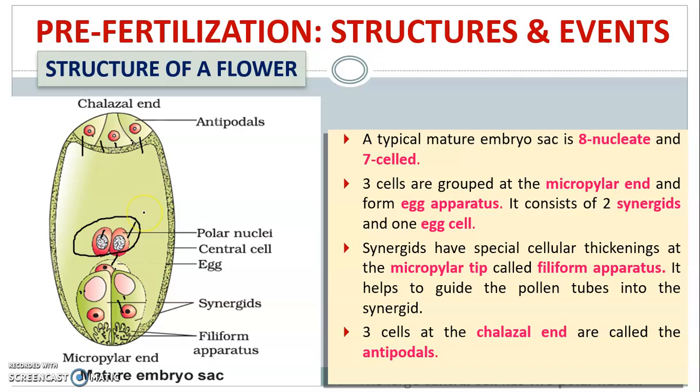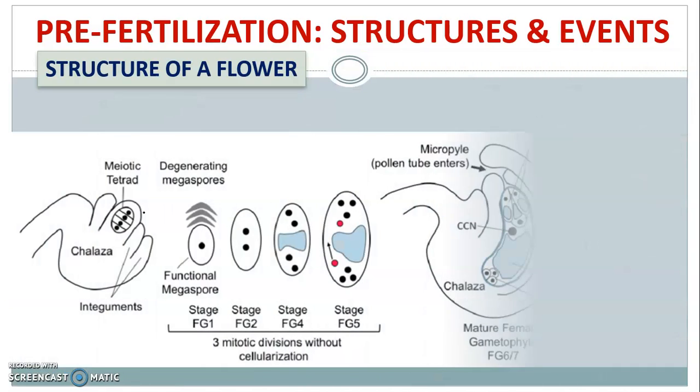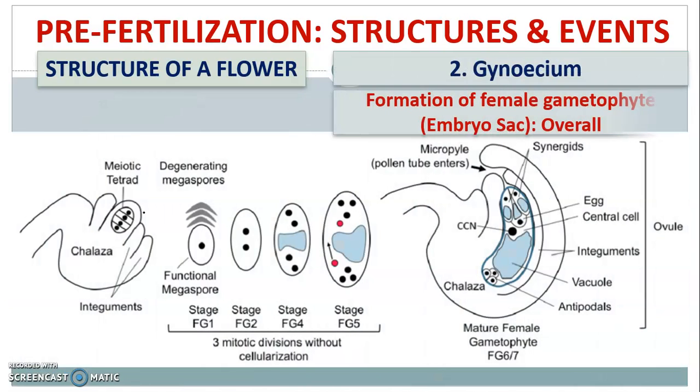Now this is the complete diagram showing the female gametophyte. In this slide you can very well understand the overall formation of the female gametophyte. The megaspore undergoes meiosis, 3 degenerate, 1 is functional, mitosis, one more mitosis, 3 at the micropylar end, 3 at the chalazal end, 2 at the center.